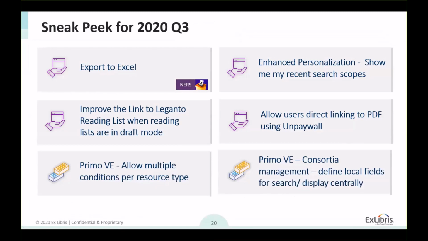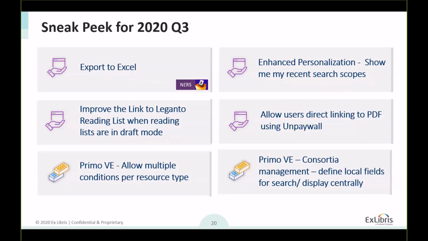In the next quarter, we are going to develop the export to Excel enhancement, and the NERS enhancement. We are also adding an enhanced personalization feature, which means show me my recent search scope. For instance, institutions that have a long list of search scopes can choose to activate this feature, allowing the user to see the most common search scopes at the top to access them more easily.